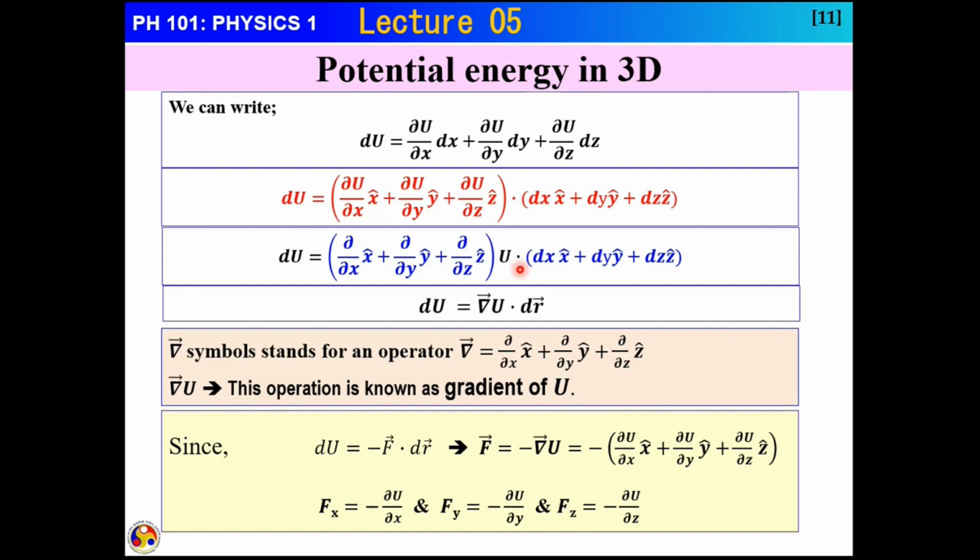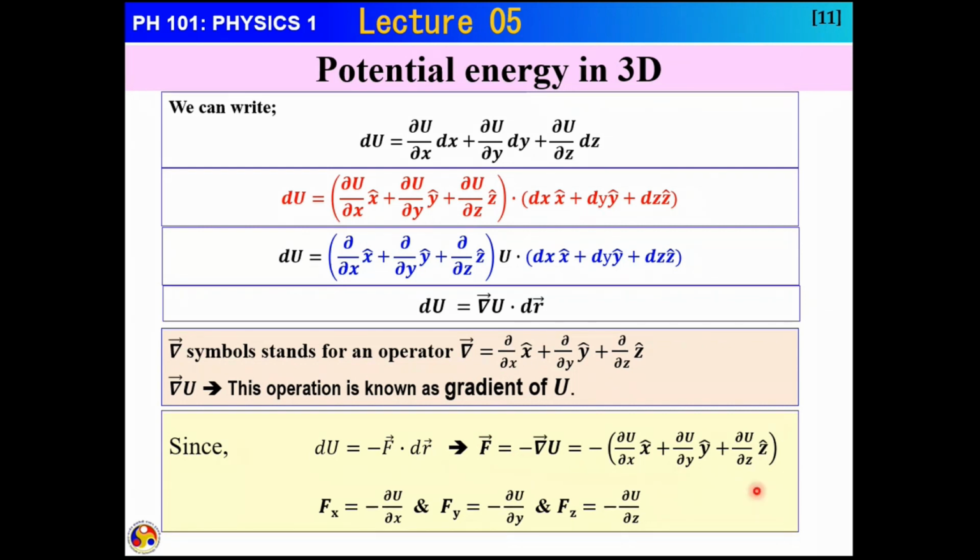So here, what did we learn? It's exactly the same thing. We know that du is minus F dot dr. This implies that minus F dot dr is equal to grad u dot dr. This implies that F is equal to minus gradient u.